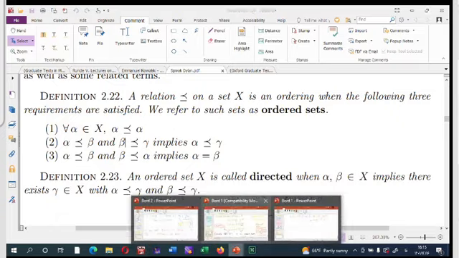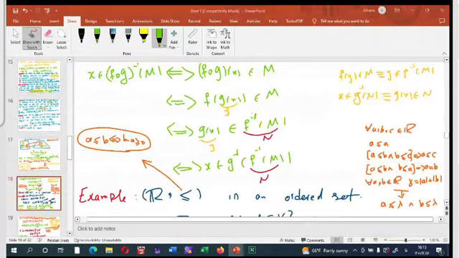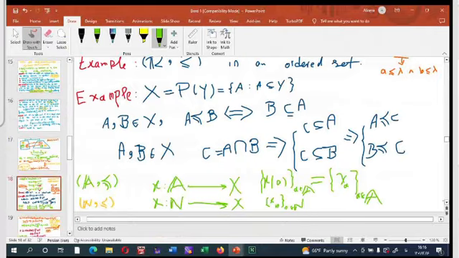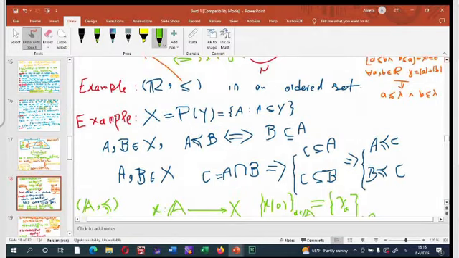Ordered sets are very important, and we can generalize the notion of sequence in topological space by this object.